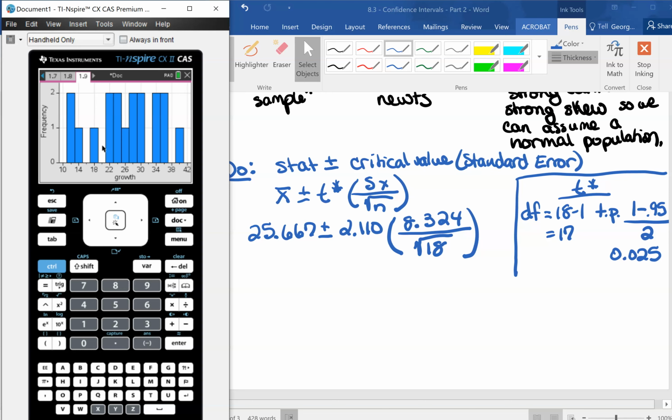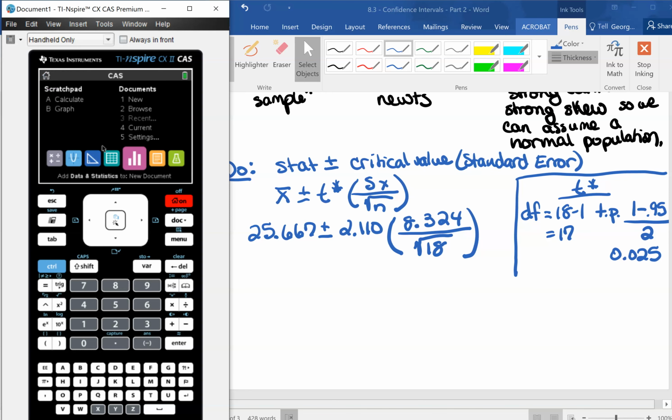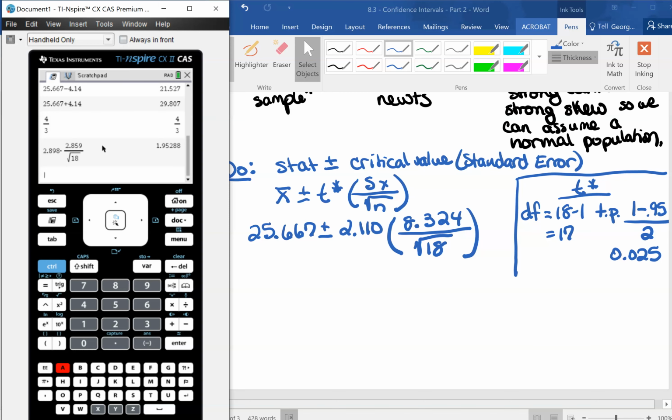Let's get our calculator back here. Jump back to the calculate screen. Alright, so we're going to be 2.11 times our fraction, which is 8.324. And then we're dividing by the square root of 18.